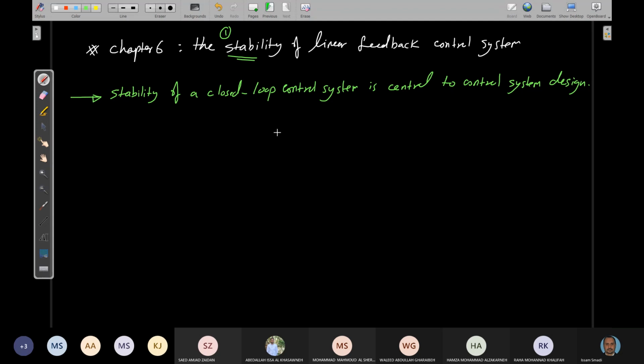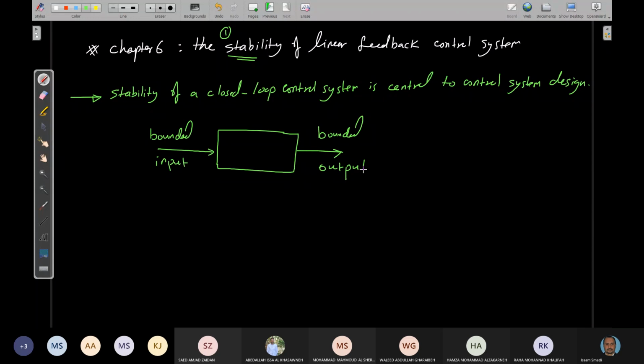In general, in a broad sense of the stability, if I'm having a system and this system has a bounded input and the response or the output of the system is bounded, so bounded output, now this system is called a bounded input, bounded output stable system.